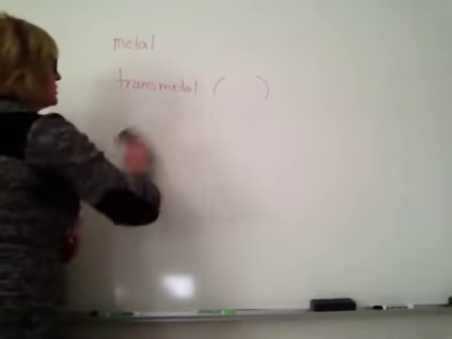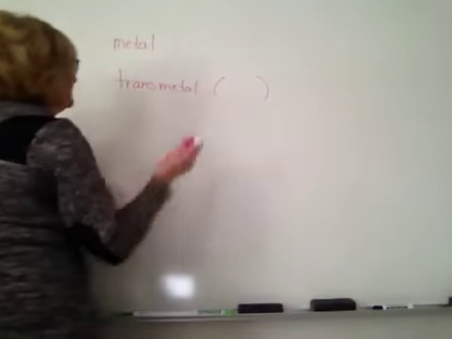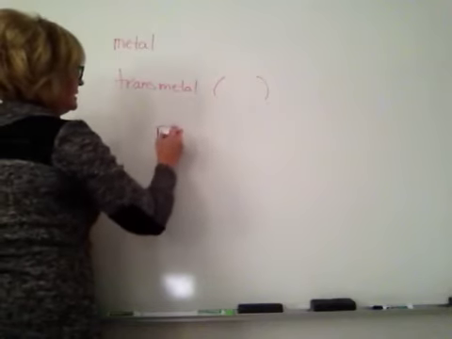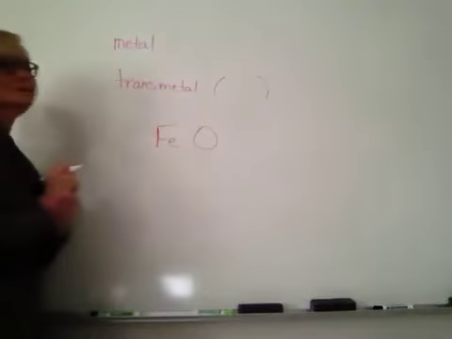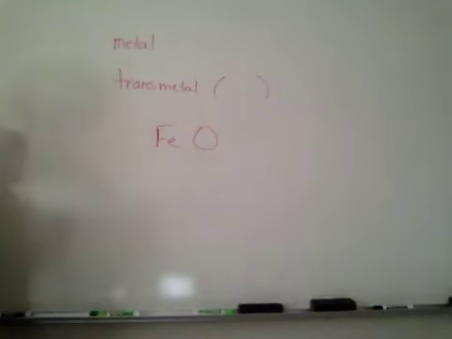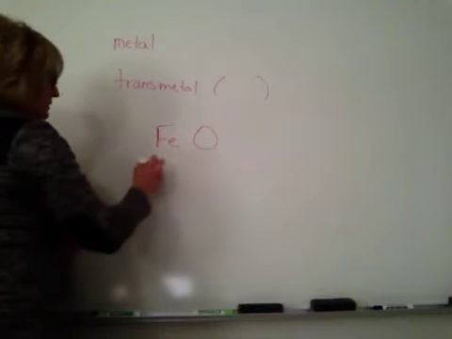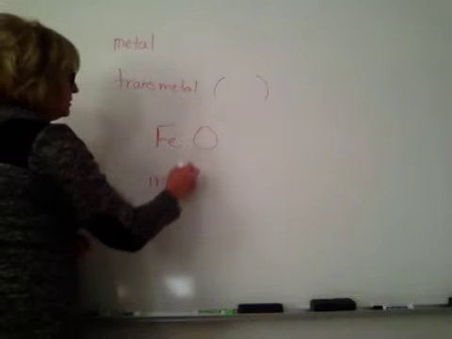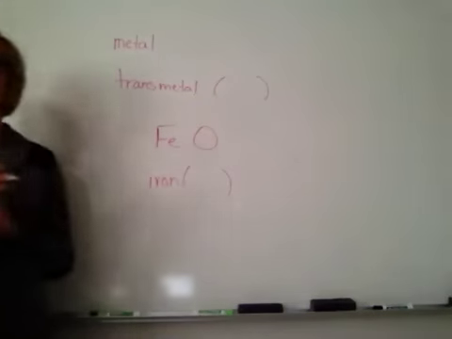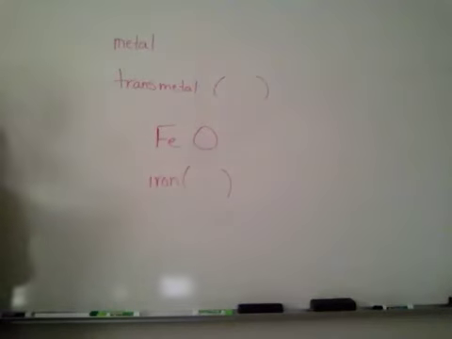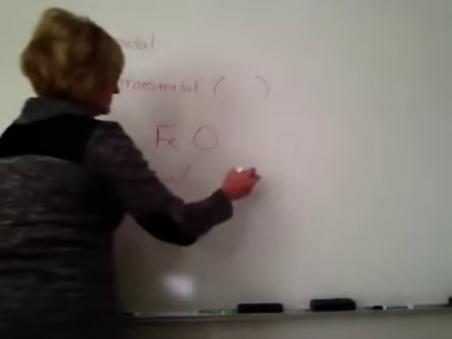Now, the tricky part. I have FeO. So Fe is iron. And iron is a what? It's a transition metal. So I'm going to put parentheses, and I'm going to leave them blank for right now. What's the second name? Oxide.